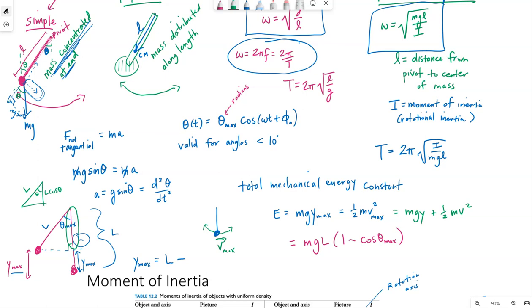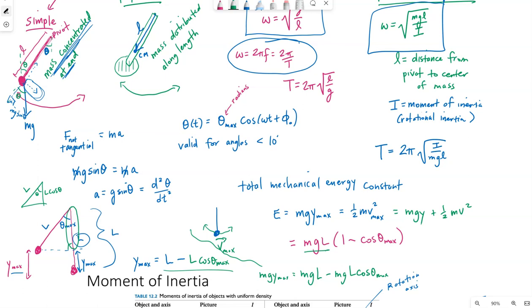So if I take the entire length and subtract off L cosine theta max, that is my y max. And so when we write out mgy max, we get mgL minus mgL cosine theta max. They've factored out the mgL portion, and then we have 1 minus cosine theta max.